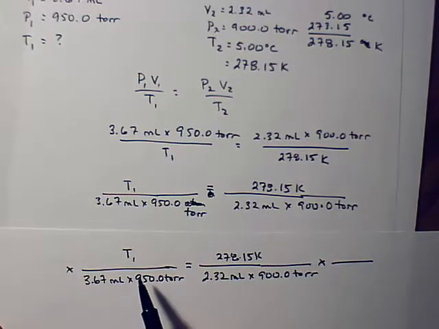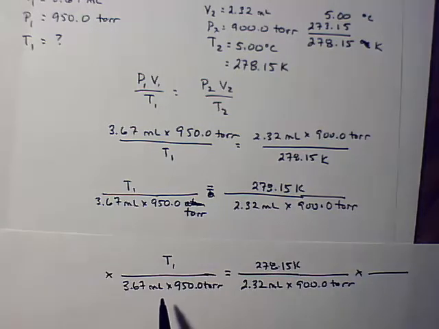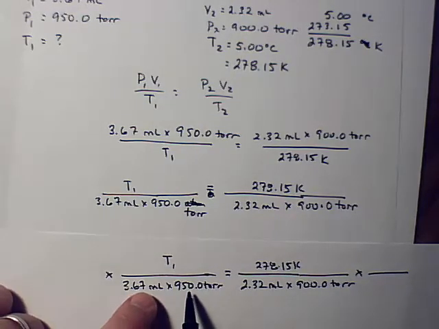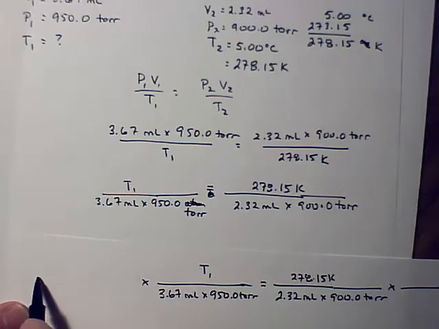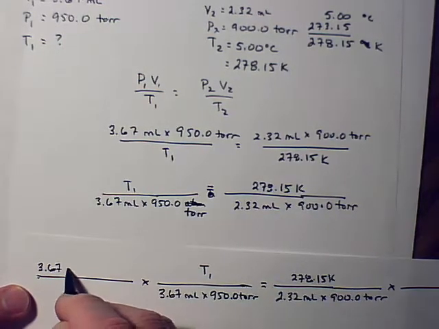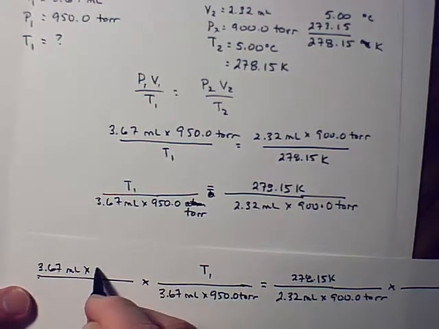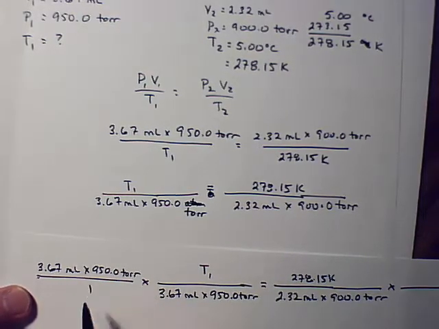And what we want to do is to get T1 by itself. And the way you're going to get T1 by itself is to multiply by these two things on top of our fraction over here. 3.67 milliliters times 950.0 torr over 1.